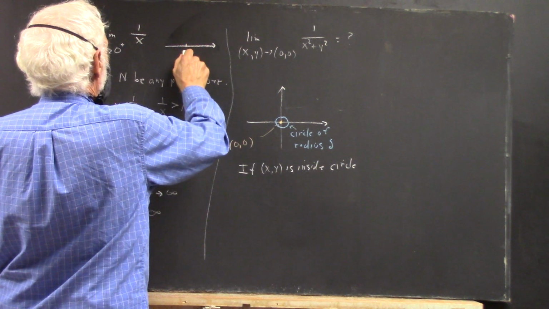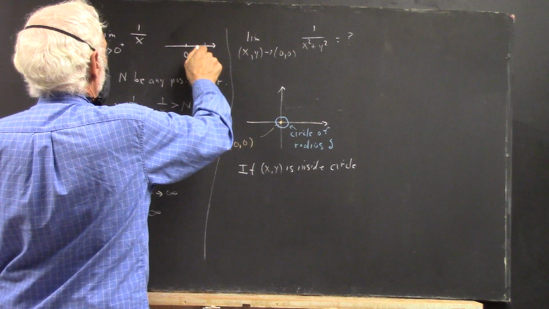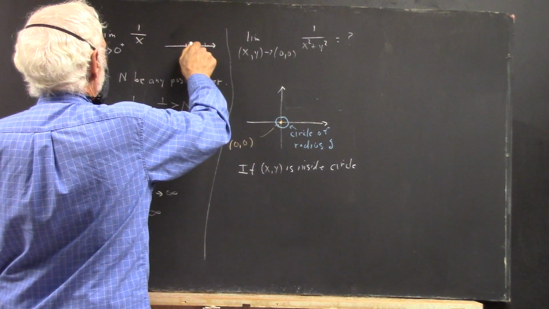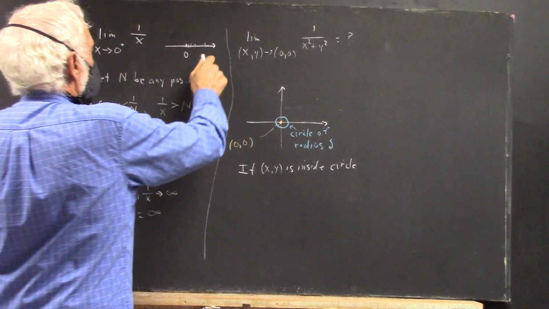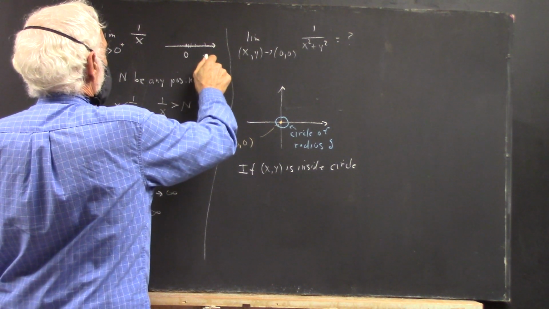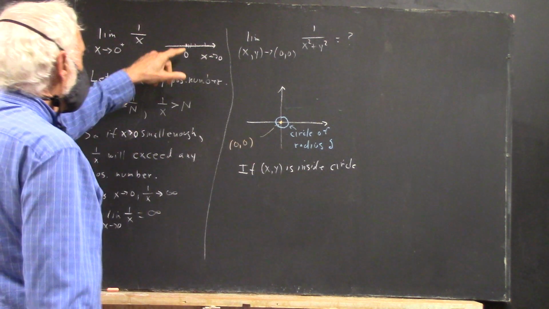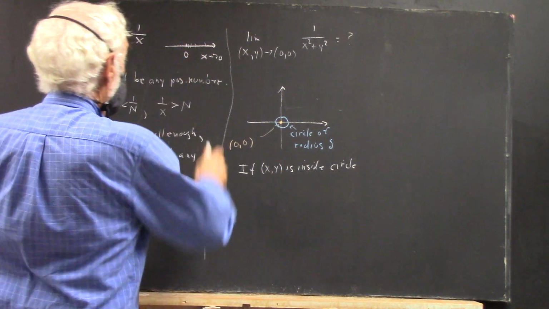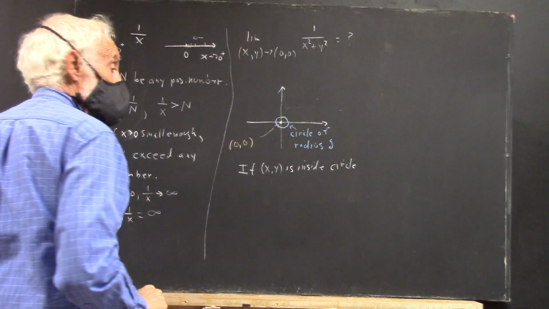Okay, but anyhow, here's 0. So imagine x approaching 0. Okay? So here's x approaching 0. And the closer x gets to 0 from above, so x is kind of approaching 0 like this.